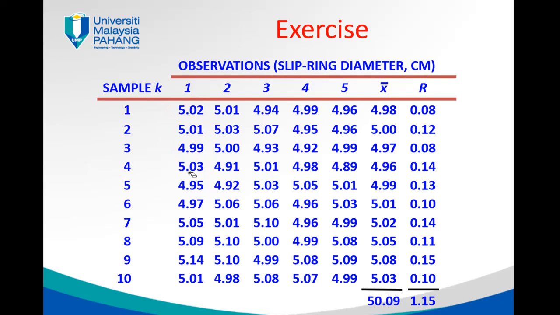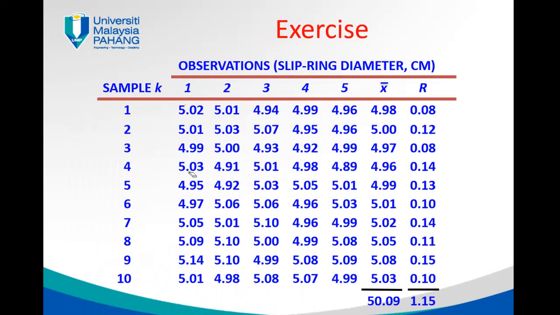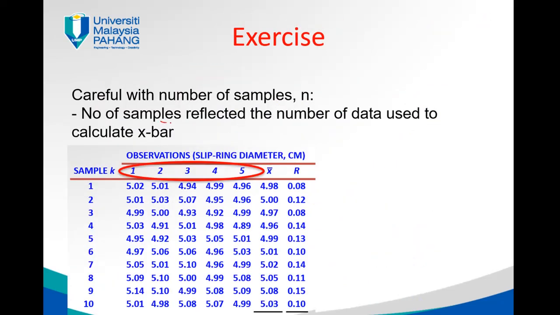The first thing, be careful with the sample size. The sample size reflects the number of data used to calculate x bar. If we have this data, I believe some students will define the sample size as 10, because we have 10 samples here, but actually the sample size refers to this one, equal to 5, because the sample size reflects the number of data used to calculate x bar.